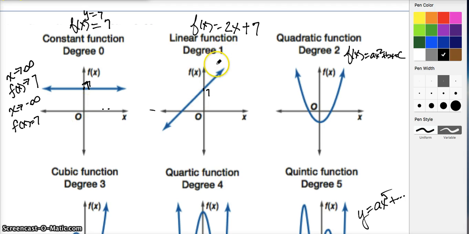Over here, we consider the same thing. I'm going to consider as x approaches infinity, what's happening to my function. So the larger and larger values I get for x, what's happening with the corresponding y or f of x values. As x goes out to positive infinity, f of x is going out to positive infinity as well. Can you take a guess what's happening as x goes out to negative infinity?